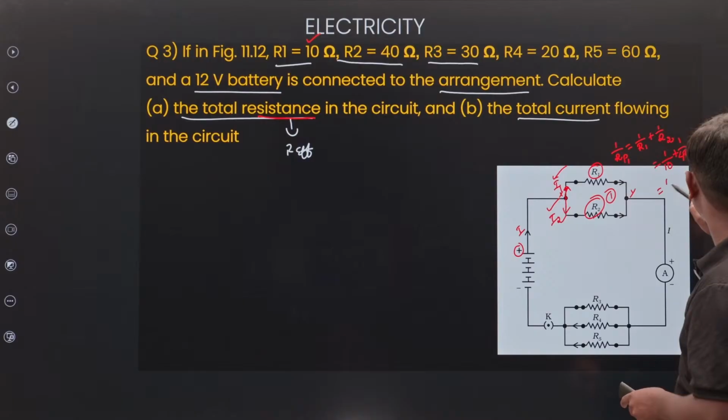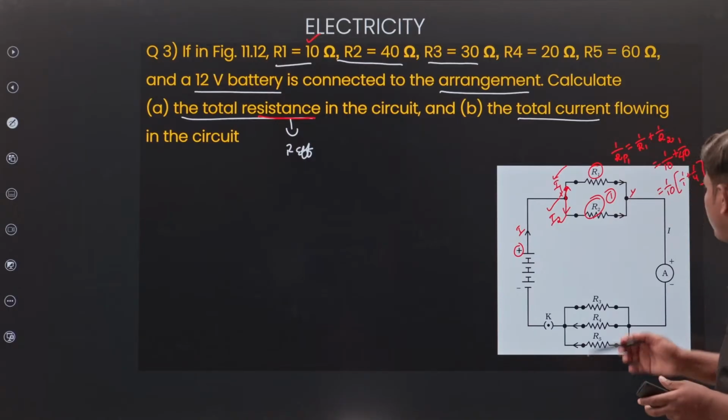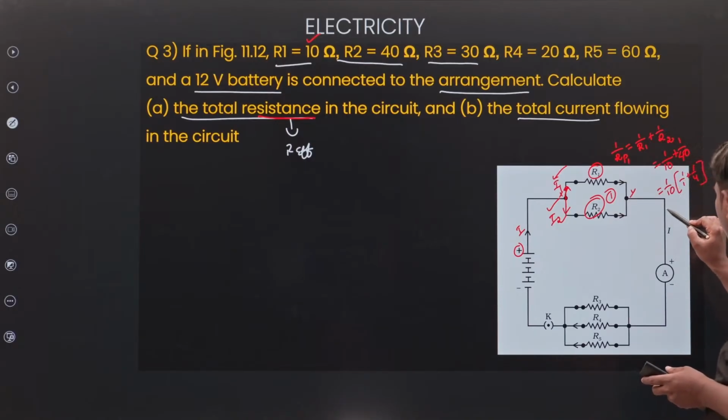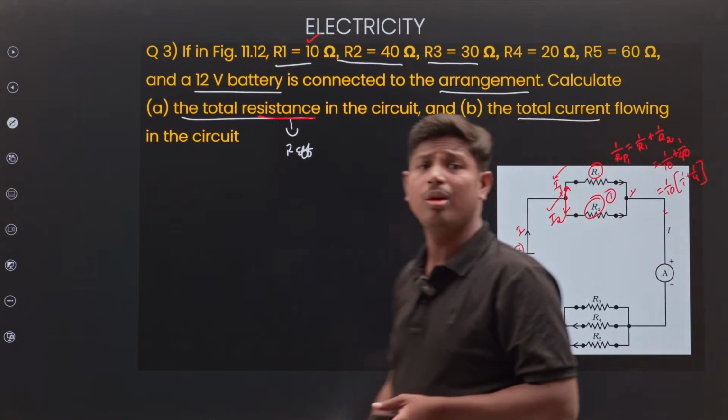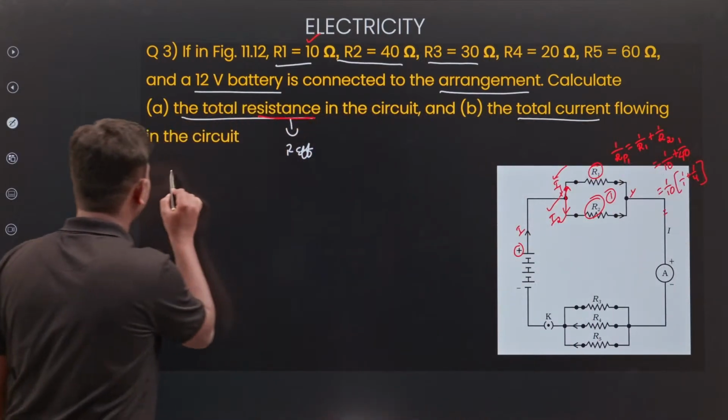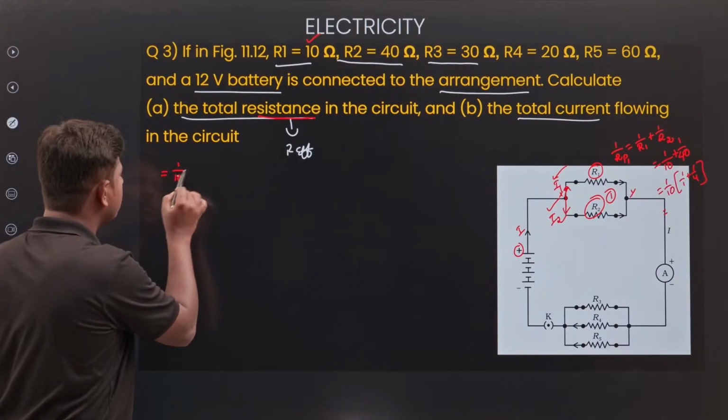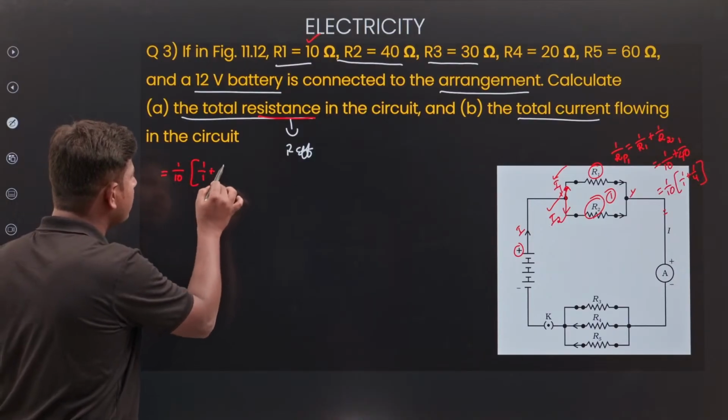Let us take 1 by 10 common: 1 by 10 times (1 plus 1 by 4).